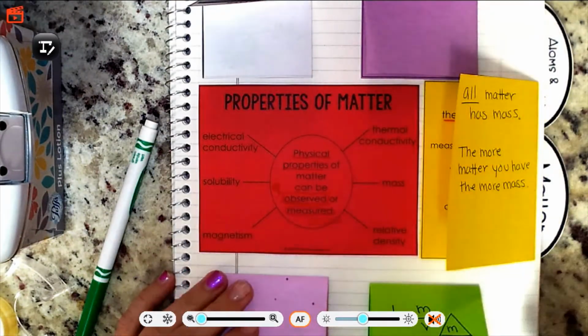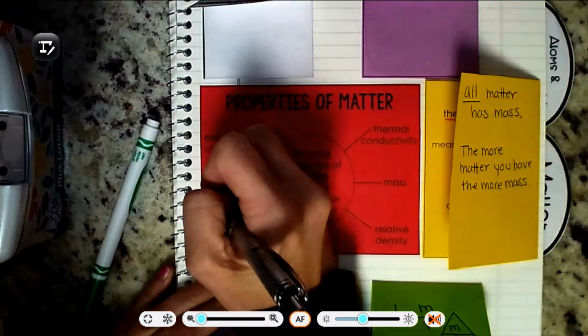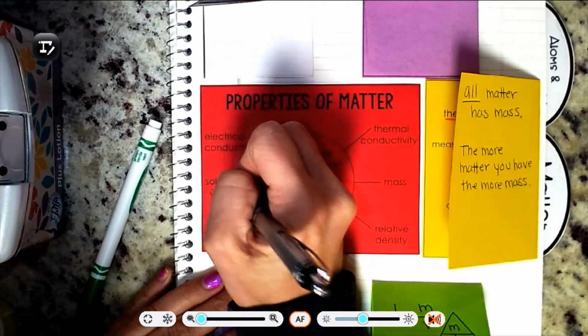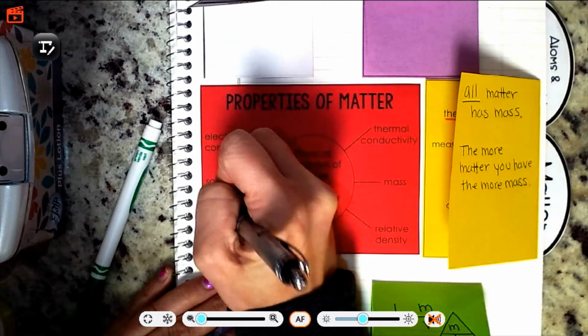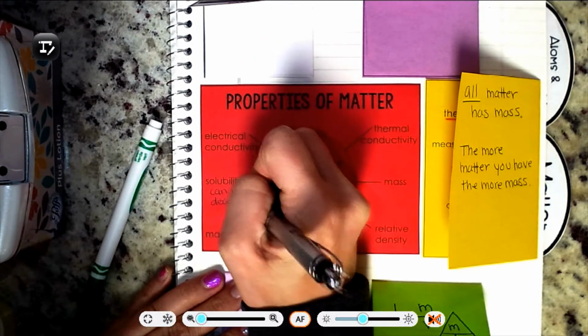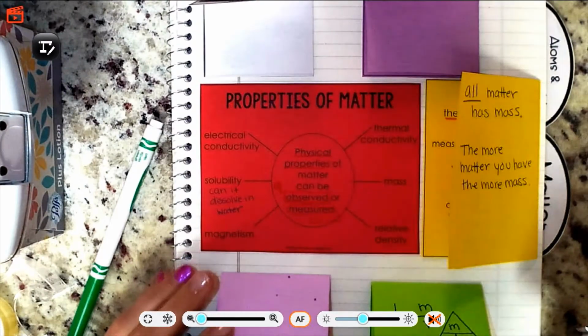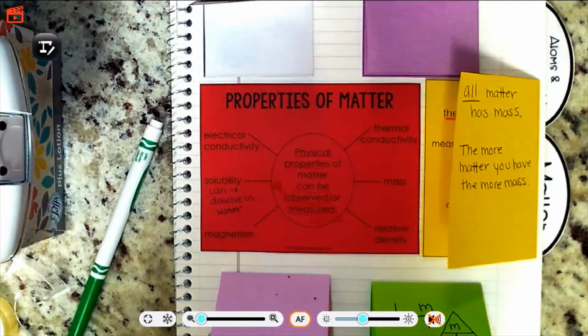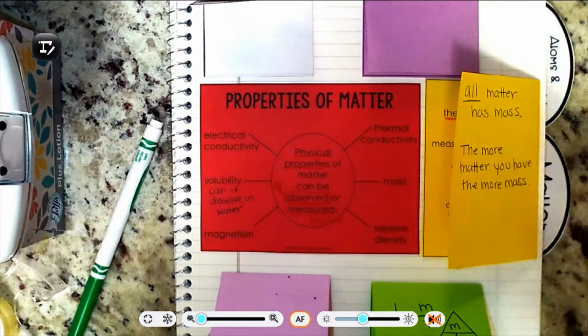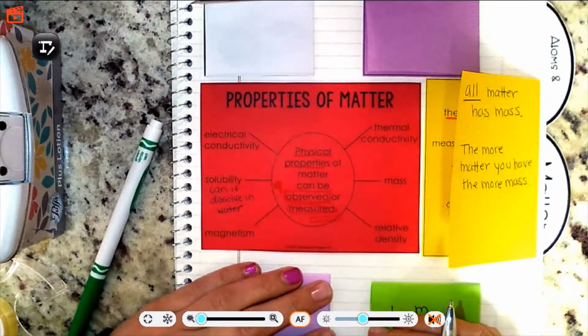So solubility is, can it dissolve in water? If you put salt in water, eventually it's going to disappear into the water, or seem like it disappears. It's going to dissolve into the water.